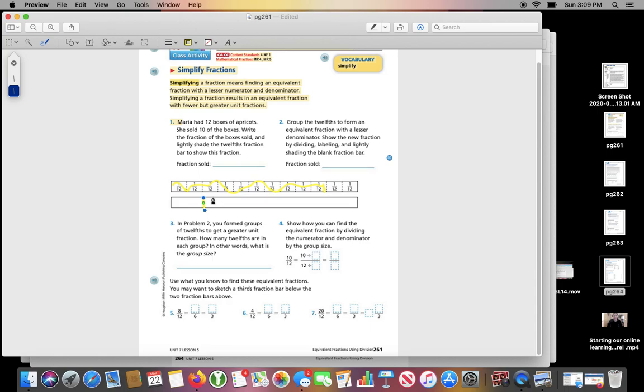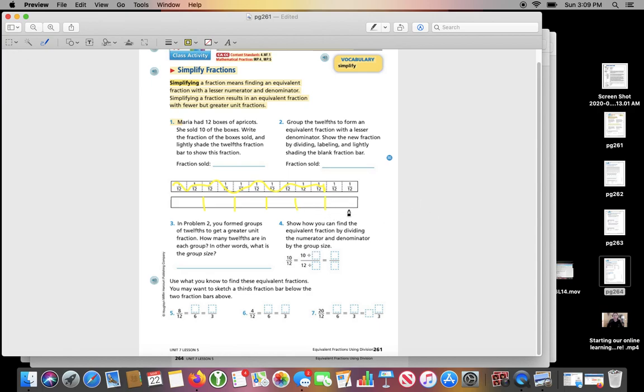So there's 1, 2 twelfths. Line, 1, 2 twelfths. Line, 1, 2 twelfths. Okay, so now if I count, I have 1, 2, 3, 4, 5, 6. So now I have sixths.